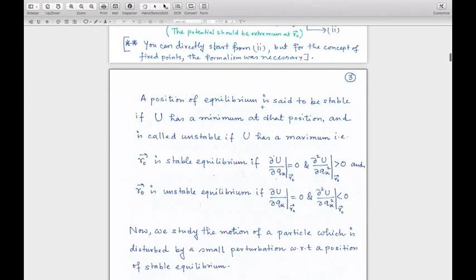Now a position of equilibrium is defined, but now we have to classify them. So they are stable if U has a minimum, local minimum actually. So the first order partial differentiation will vanish, okay, but the second order one will always be positive.